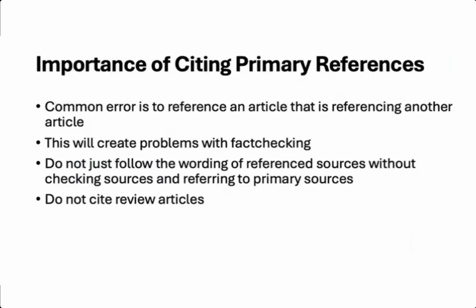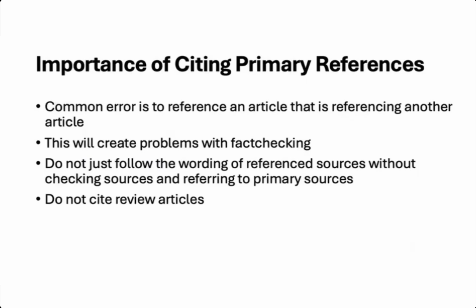And then I just wanted to say a note about citing primary references in manuscripts. This sort of goes without saying, but it's amazing how it's not done correctly sometimes. You might see a statement that absolutely should be in your manuscript, but that statement is from a review article. You really shouldn't use the review article unless it's the opinion of the authors that are writing that review article.